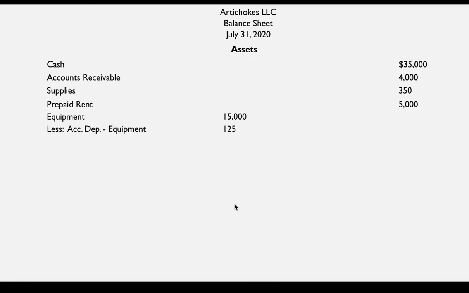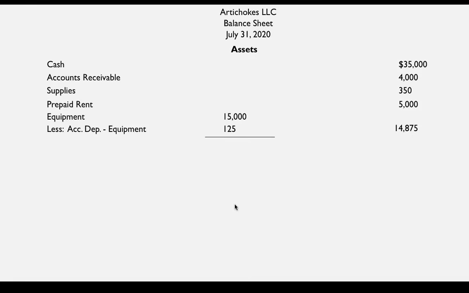So we're going to have to do some calculations here. And whenever we have to do calculations, we put those numbers in the middle, right? So we had $15,000 worth of equipment, $125 in the accumulated depreciation equipment account, which gives us a book value of $14,875, right?